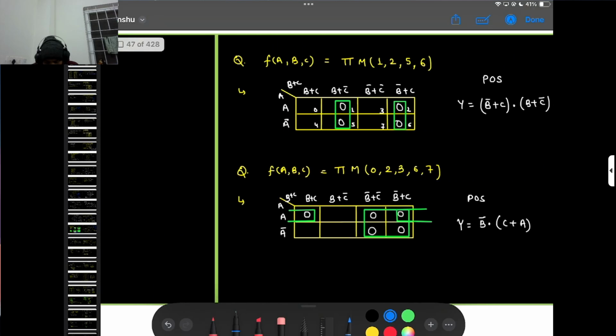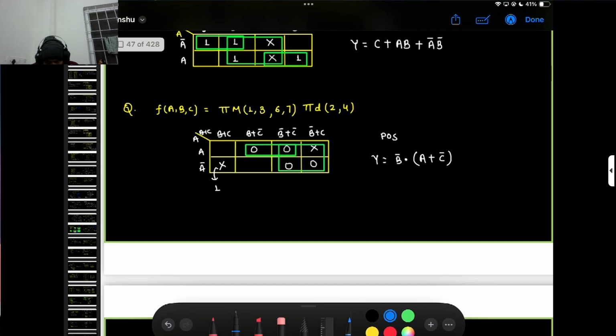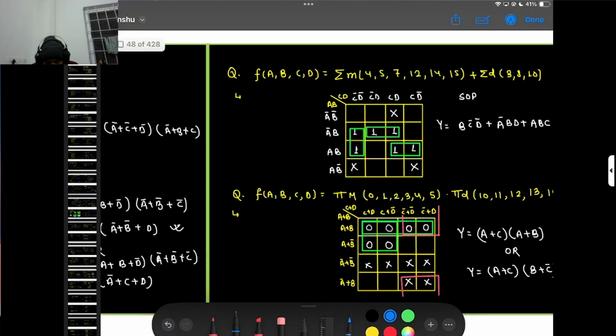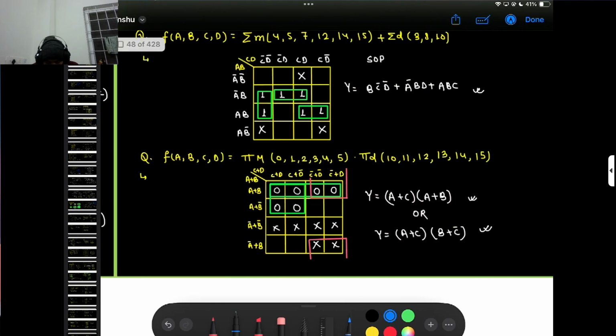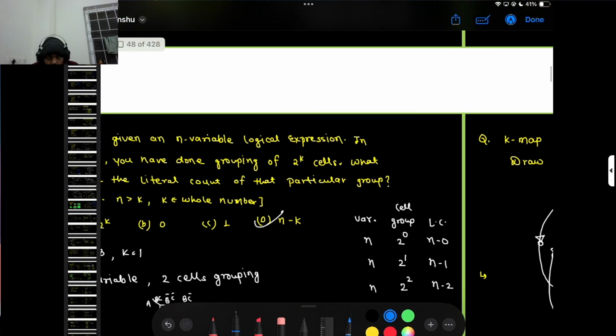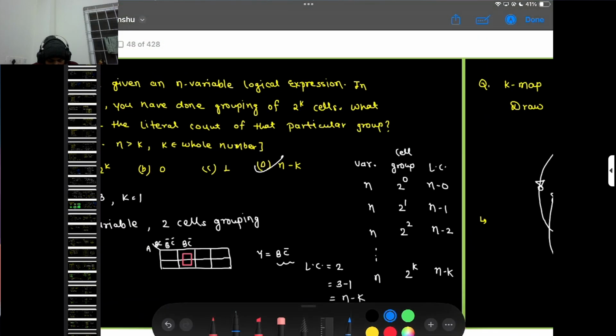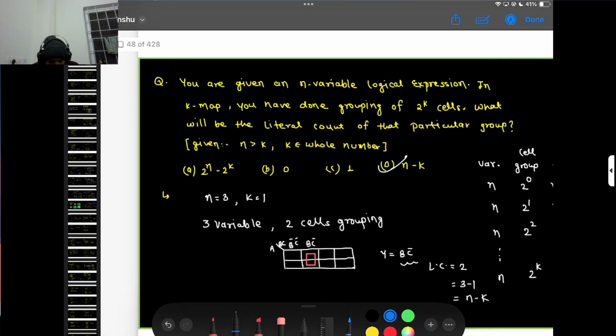This is some normal problem, like how to get the K-map output.